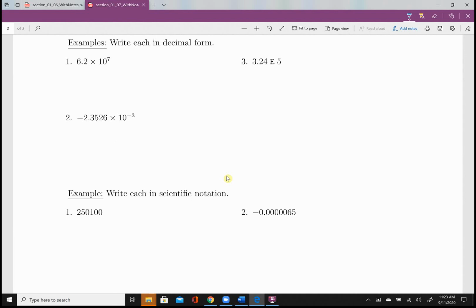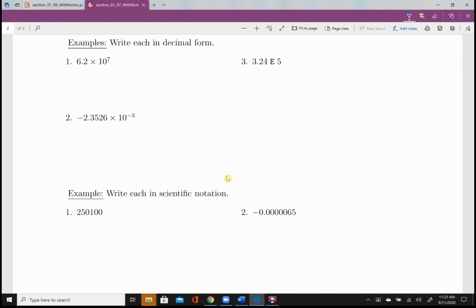So in the next 3 examples, we have values that are in scientific notation, and it's our job to put them in decimal form, also called standard form sometimes. Okay, so here's the process that I use for this.